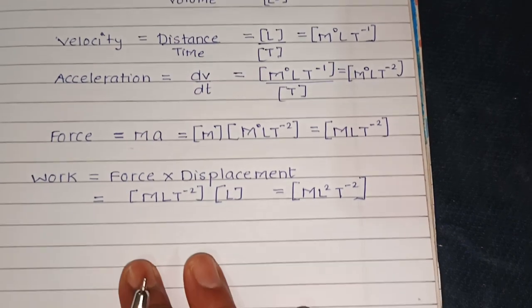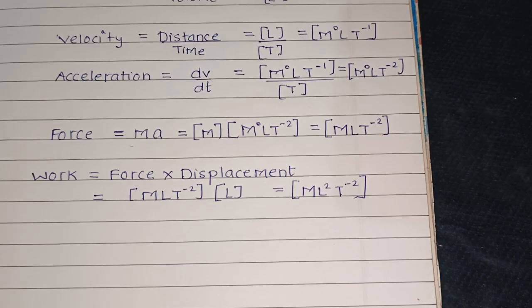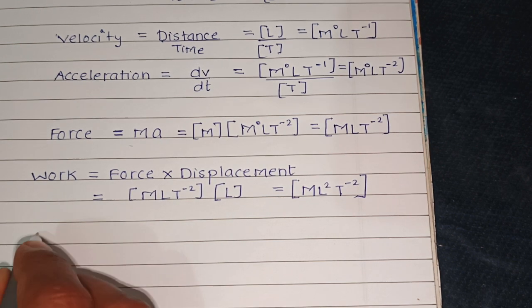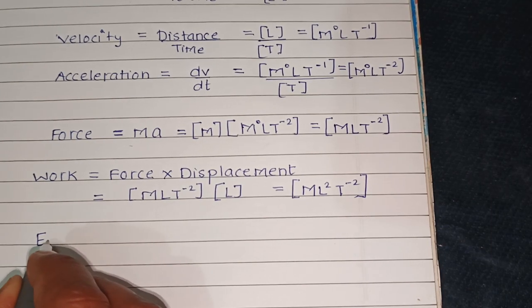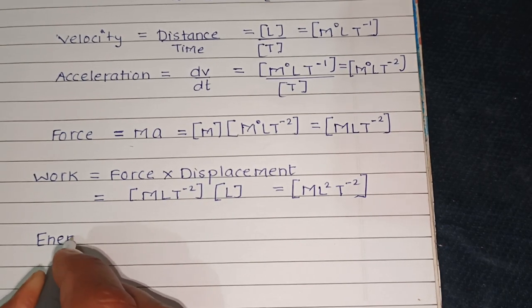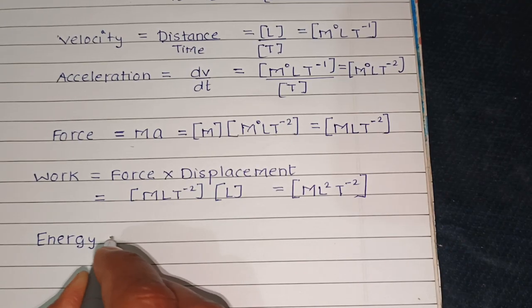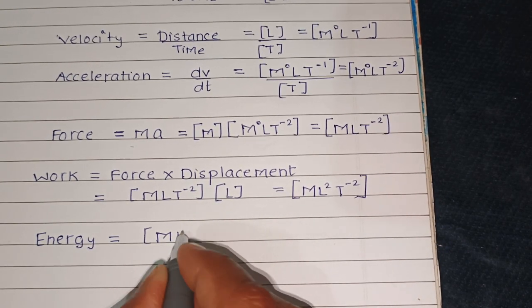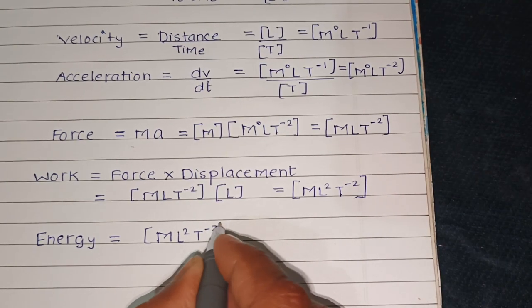Okay, now since we know that work is energy and energy is work, so the dimension of energy will be same, M L square T minus 2.